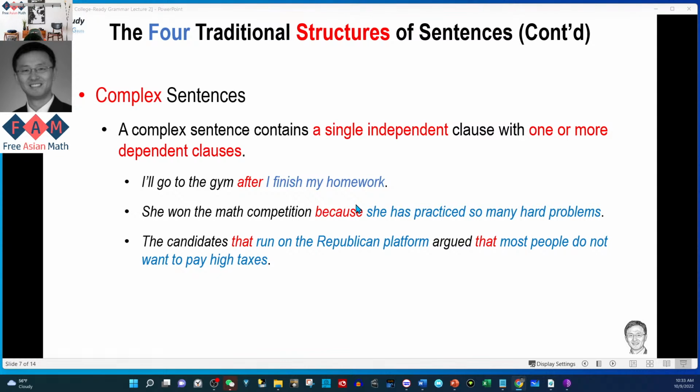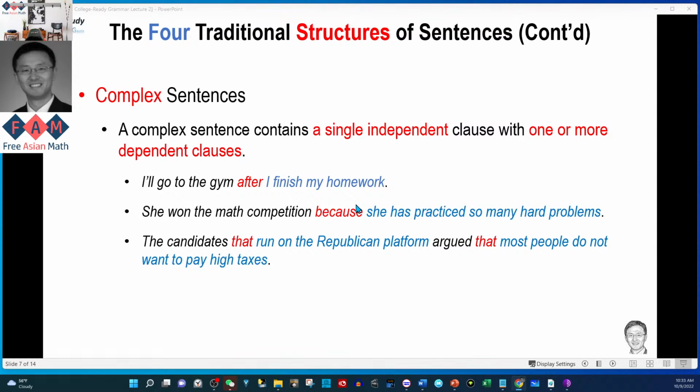So this is a so-called adjective clause, also called relative clause, because here we have a relative pronoun "that" pointing to candidates. What is "that" here? That is just another term or name for candidates. By that, we really mean the candidates.